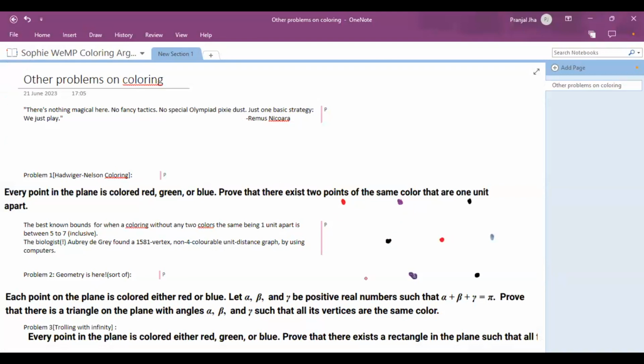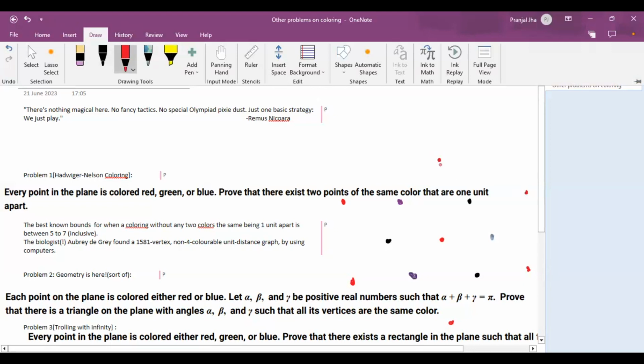So this has to be red. It can't be blue, it can't be black, it has to be red. Similarly, this also has to be red. Then this has to be red. This also has to be red. This has to be red. This has to be red. Right? Does everyone get this?